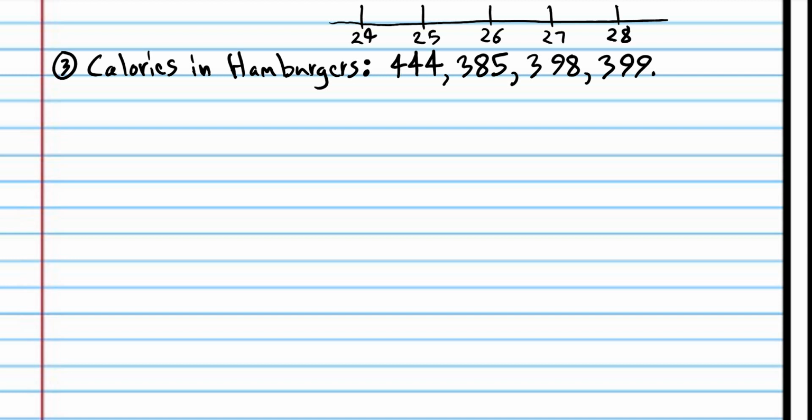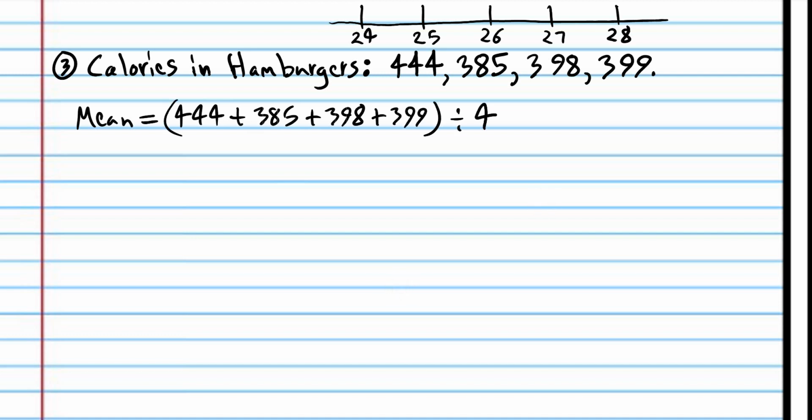All right, we're back. The mean is the sum of all the numbers divided by the number of numbers, which is 4. All right, so we're going to go ahead and add up all those numbers, line them up vertically.